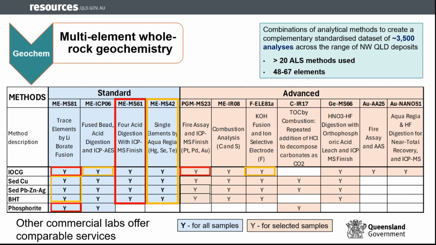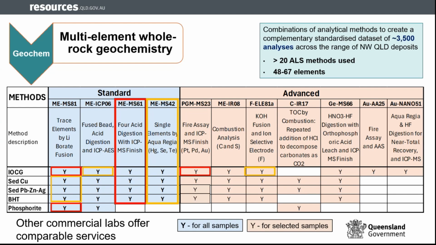We have done probably a much more extensive suite than any company would ever consider, because as you can easily imagine, costs very quickly add up. But our purpose was to make sure that we have a complete characterization of geochemistry, including some non-traditional and difficult to digest and analyze elements.